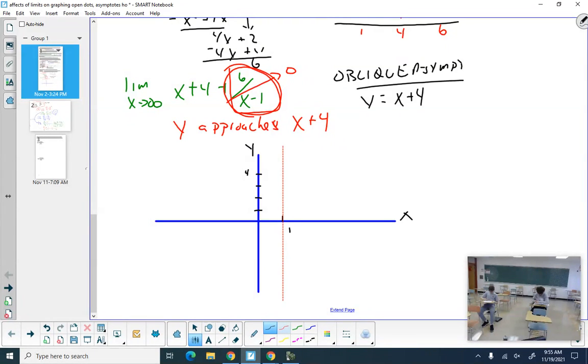We have an oblique asymptote at y equals x plus 4. So if I graph y equals x plus 4, I have a y-intercept at 4. I could go up 1 to the right 1. And we get our oblique asymptote.